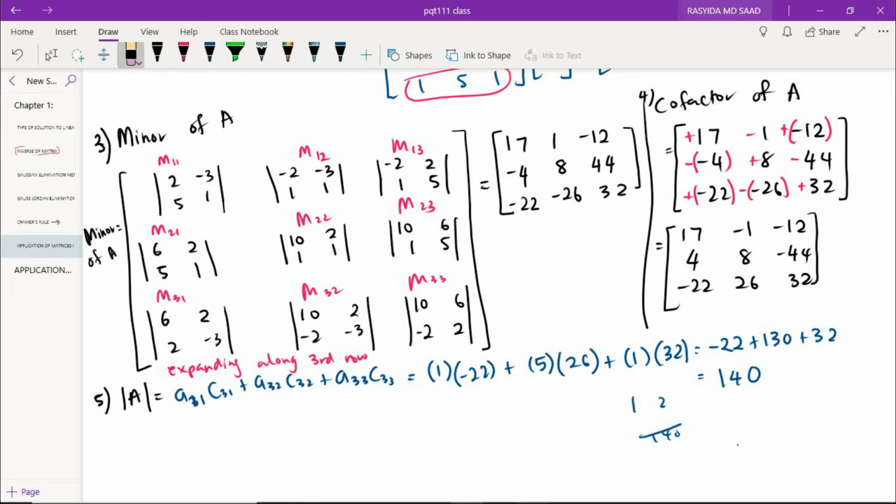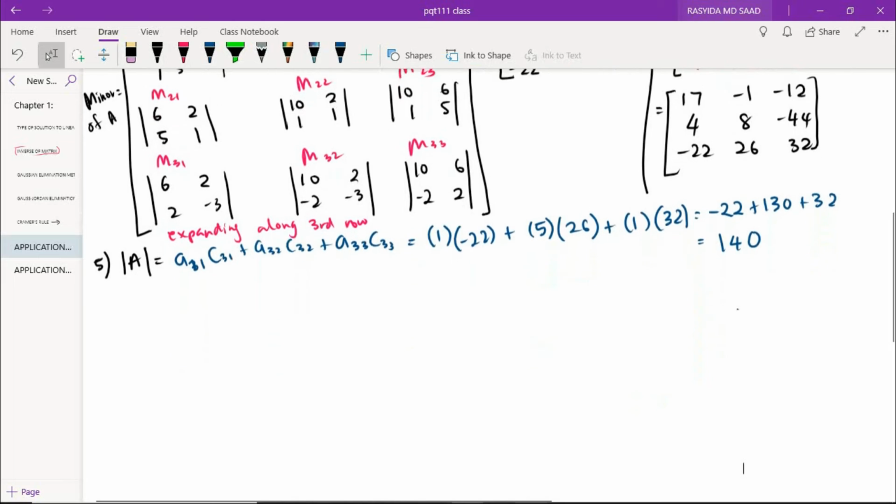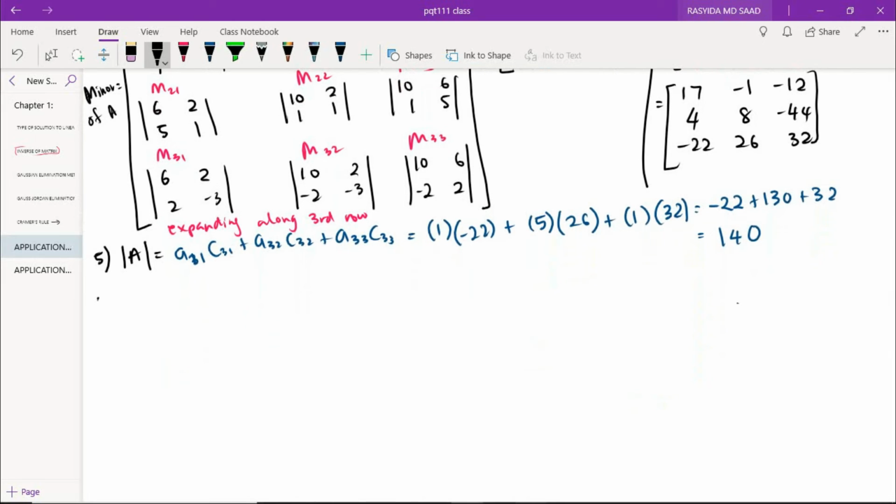And if you notice, we haven't found the value of adjoint yet, right? So we need to find the value of adjoint. Adjoint of A is equal to the transpose of the cofactor, which is 70, negative 1, negative 12, 4, negative 22, 8, 26, negative 44, 32.